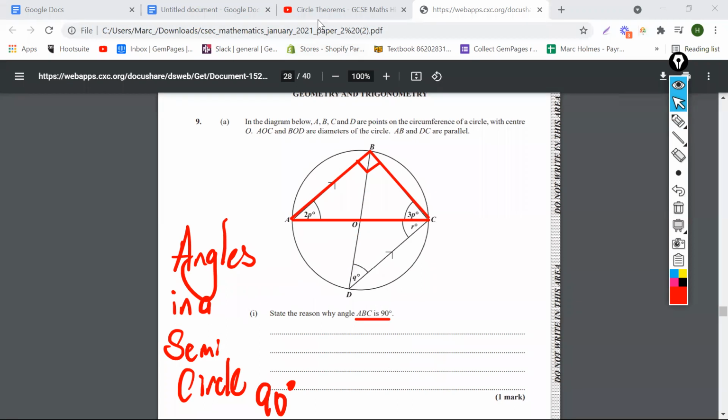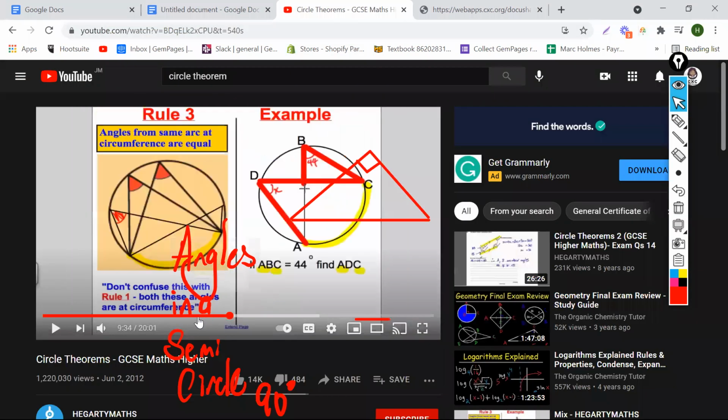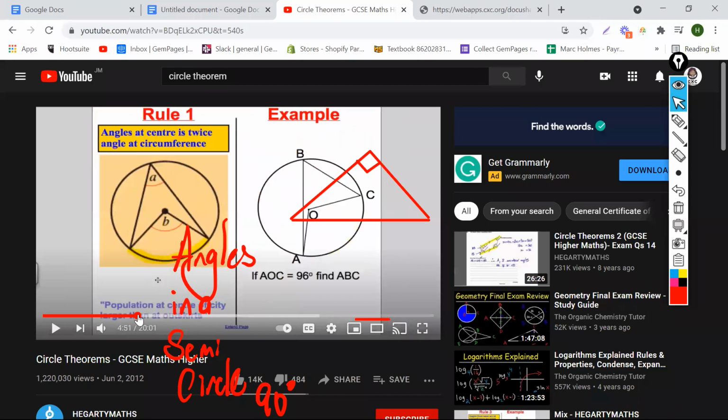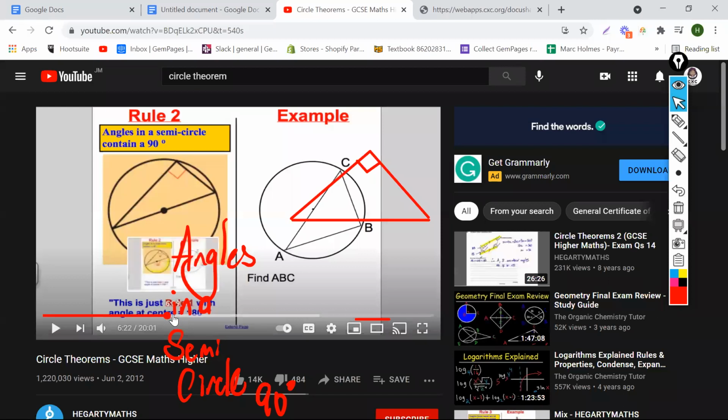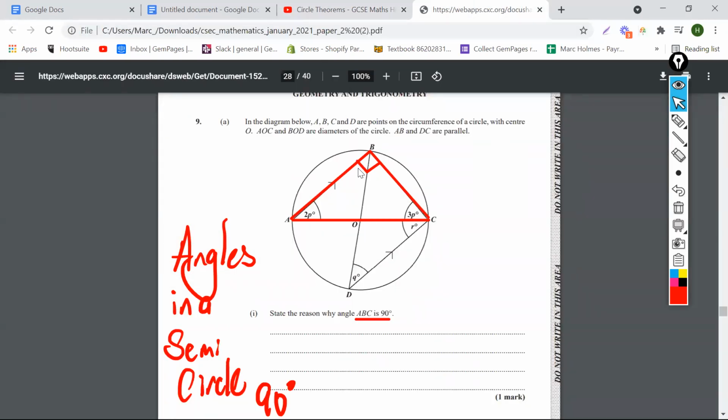So you want me to go back to the rule for a second? Let's go back for a second. Remember this one? It's very similar to the first rule, but remember this rule, Denise? Yes, I do. So if you look, you can see here that this is a diameter. And if you draw two lines here and here, obviously there would have to be 90. You understand what I mean?